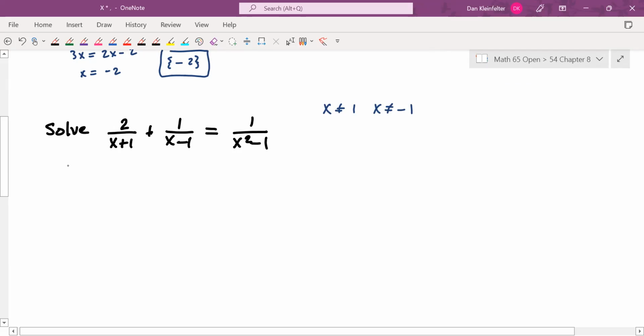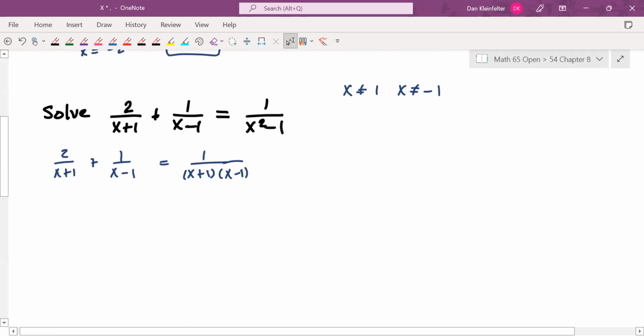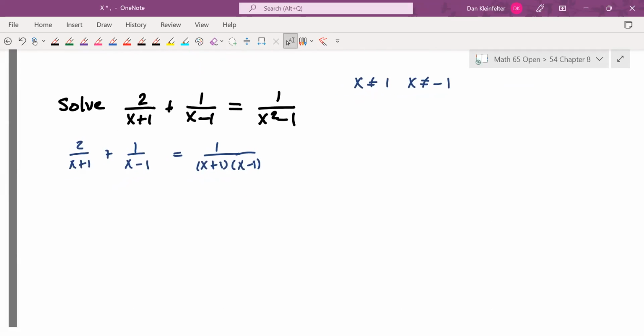And if we factor that right side, we'll have 1 over (x + 1)(x - 1). You can tell looking at that it's got the same exclusions as before. So again, pause the video and try to solve this equation and see what you get.